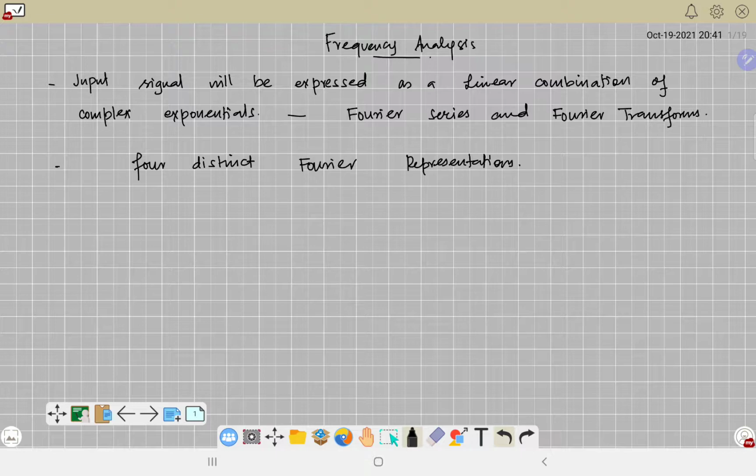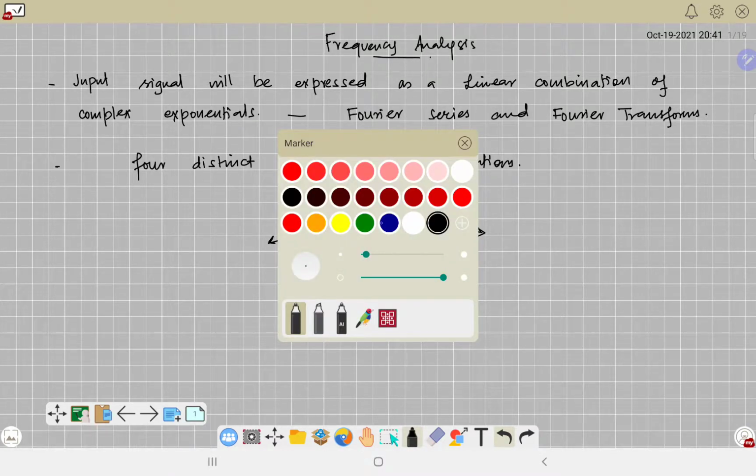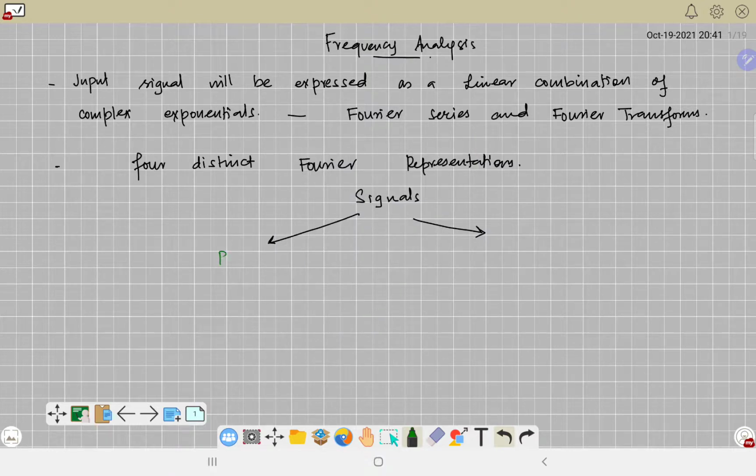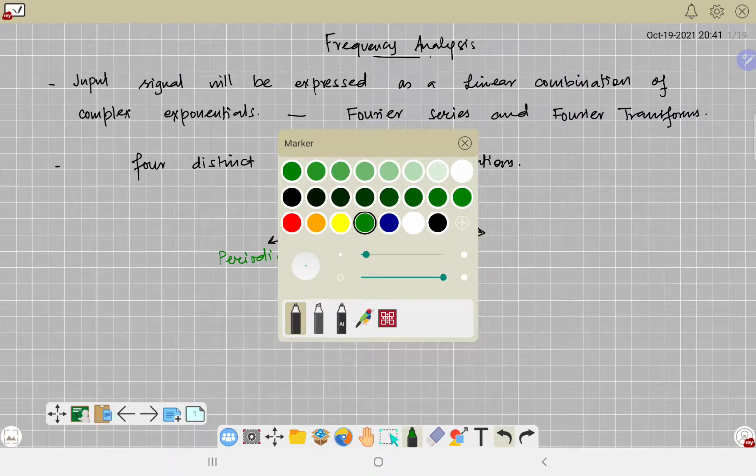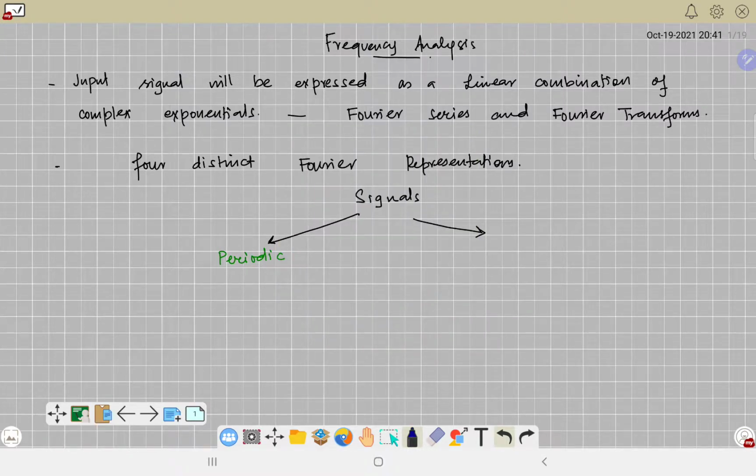Now, we did one classification of signals, one of the basic classifications, that we can have a periodic signal or we may have a signal which is not periodic. We can say aperiodic or non-periodic.